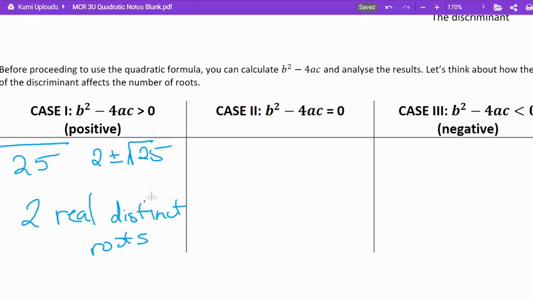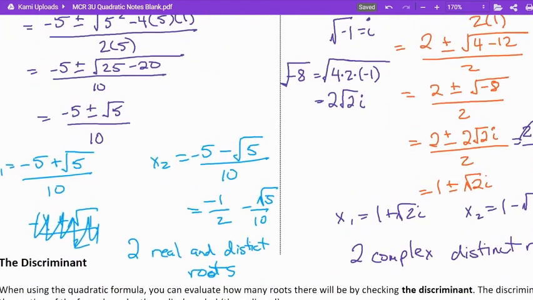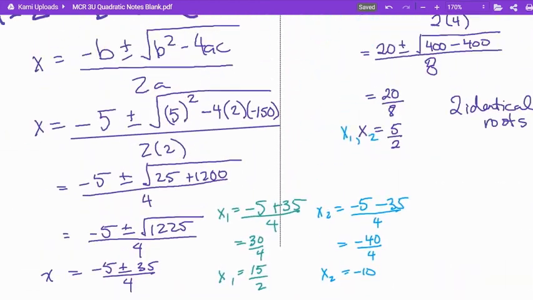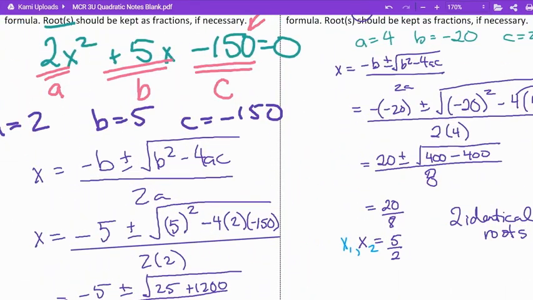Okay, now we have that case that we had. Remember, we had 400 minus 400, and that got us to the square root of 0. Which example was that? Let's go back and look. Oh, it was example 2. Well, how many roots did we have there? Well, let's be real. We still had 2. Okay, were they real or complex? Real.